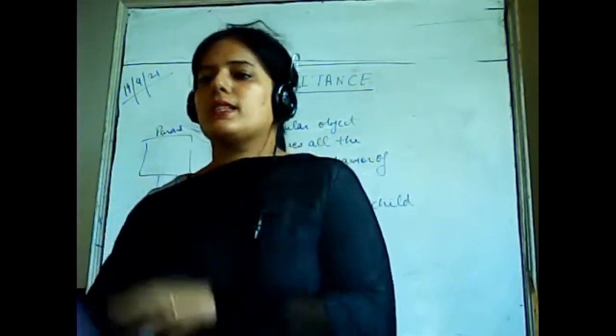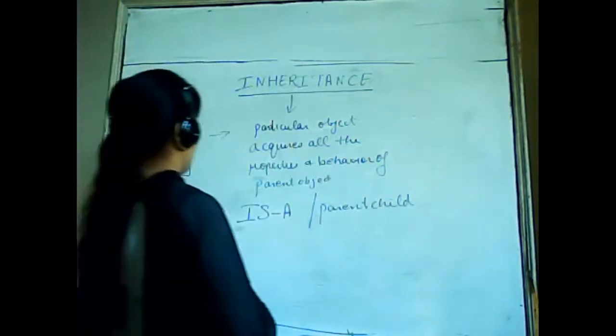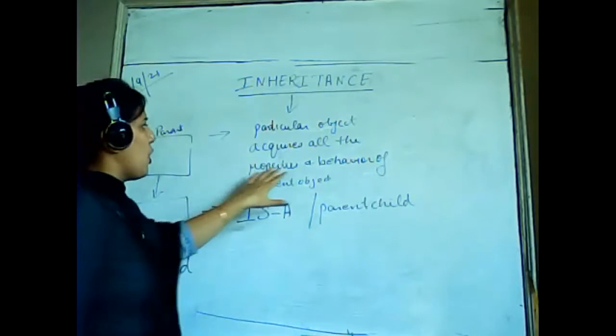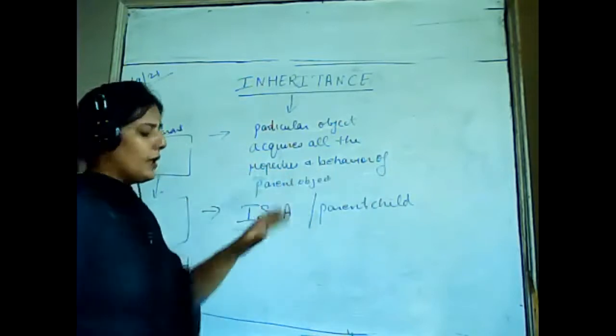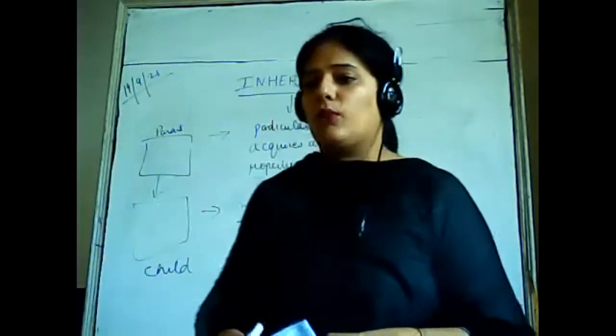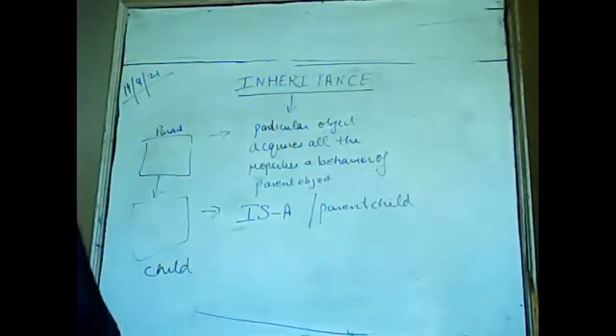Clear? So this is how we can distinguish between these two terms. In inheritance, a particular object will acquire all the properties and behavior of a parent object. Secondly, it is an important part of object-oriented programming. Plus, it also follows the is-a relationship here.